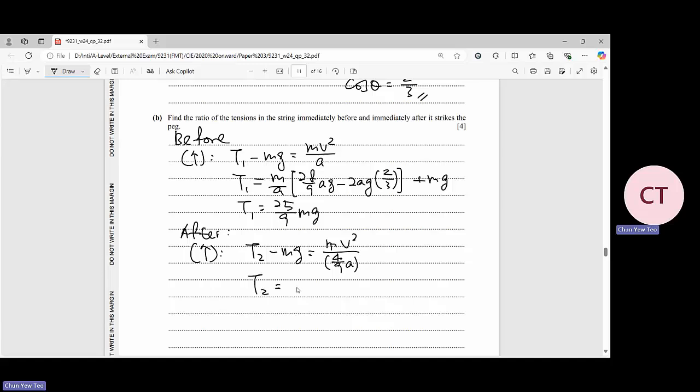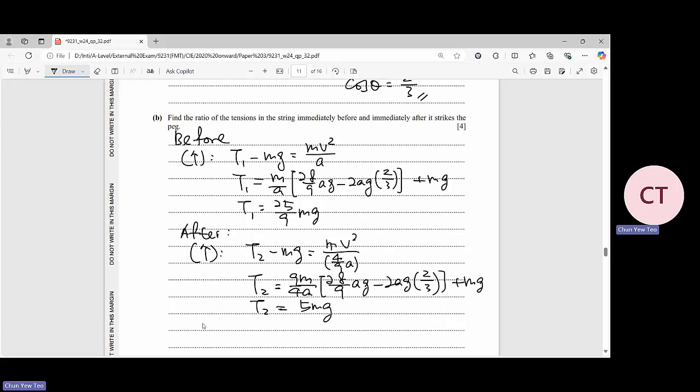T2 is equal to 9 over 4 m over a times the v squared, with g times 2 over 3, and then plus mg. So that's a matter of pressing the calculator and simplifying everything. Then you can get this answer as 5 mg. That is your T2.